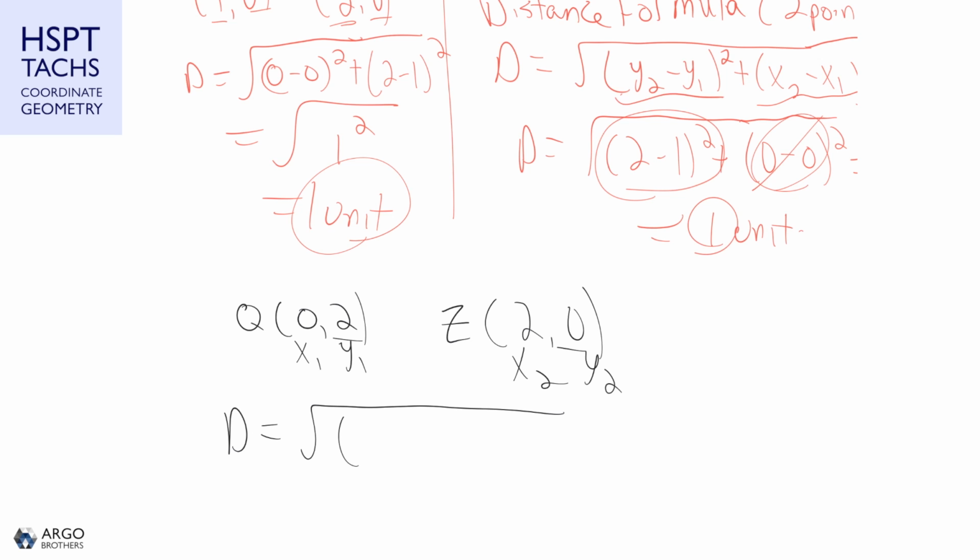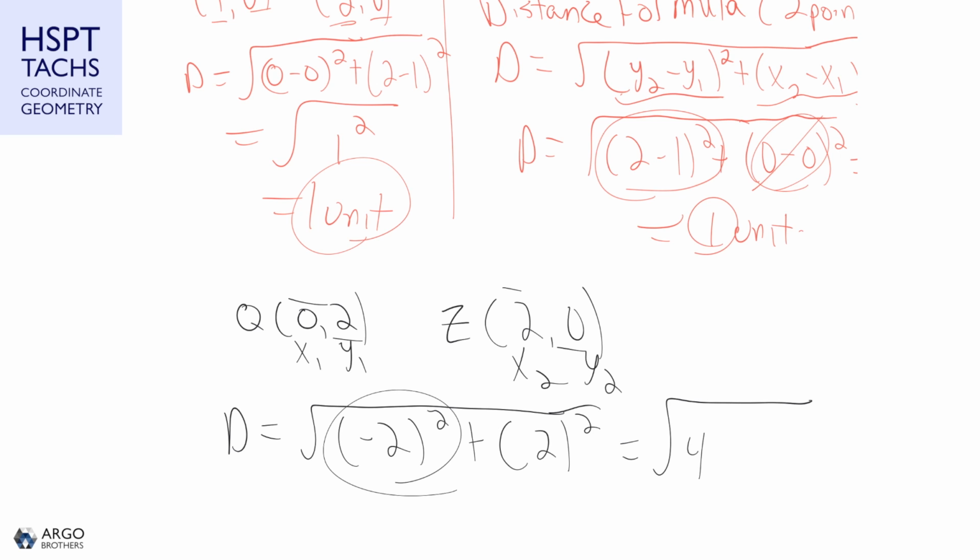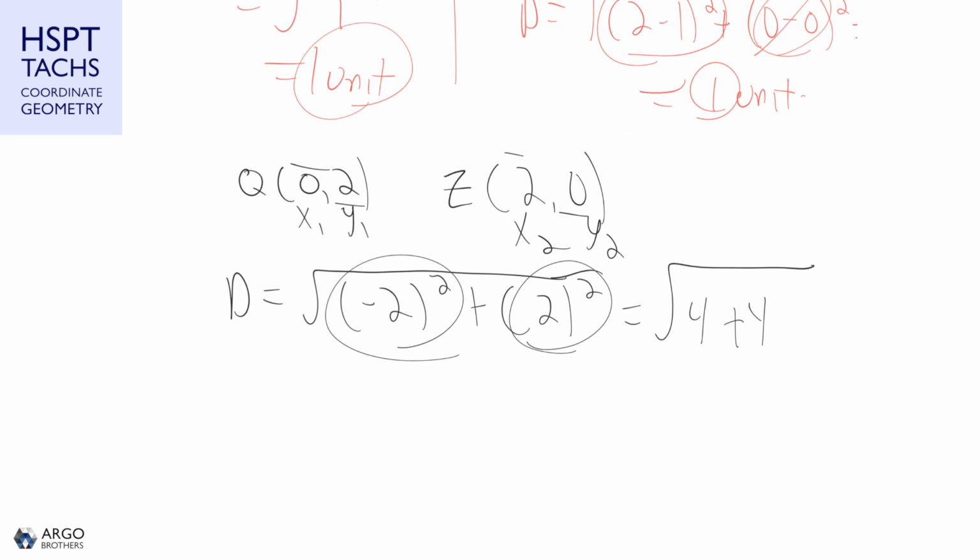What's 0 minus 2? It's negative 2. Squared plus x2 minus x1, which is 2 minus 0, which is 2 squared. So let's simplify. We get the square root of, well, negative 2 squared is 4, plus 2 squared is 4. And so we get that it equals the square root of 8.